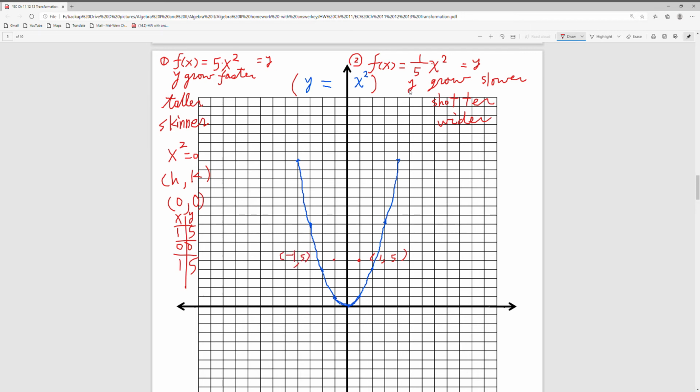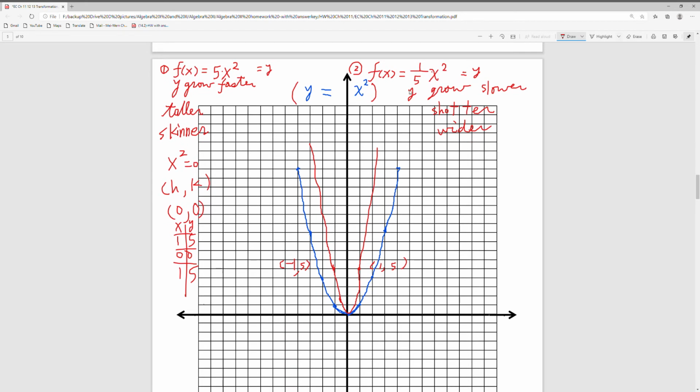So you connect with your vertex. Wow, my graph is not so good. Okay. Let me graph this one.